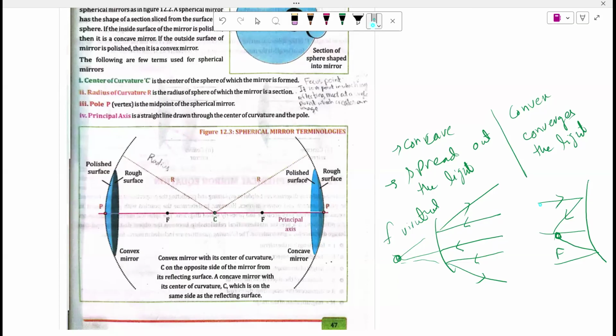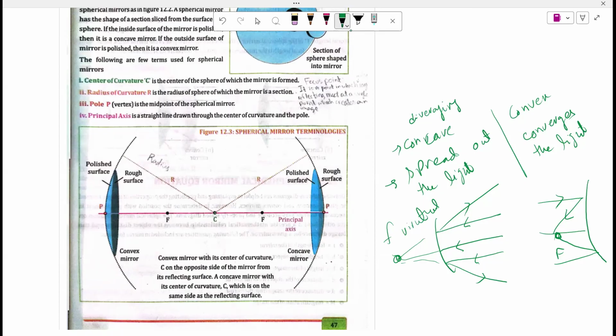Similarly, for the convex mirror, these are the incident rays again, okay, and after reflecting from that surface, they converge to a point. That's why it's also known as converging mirror and diverging mirror. Okay. Clear? And the principal axis is the line that passes through the focal point.